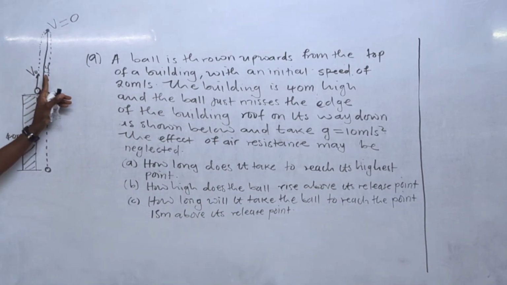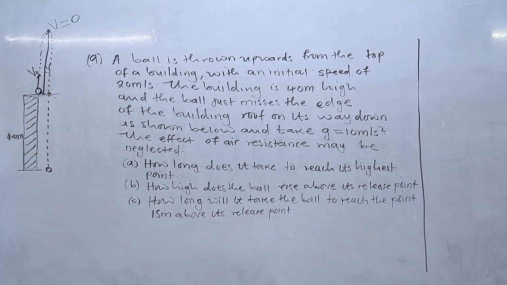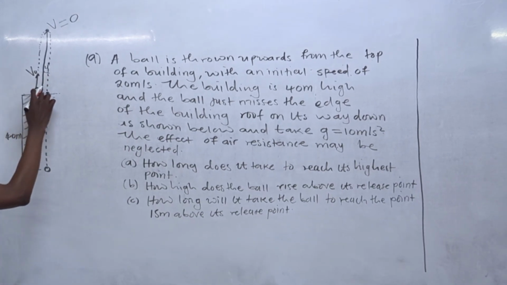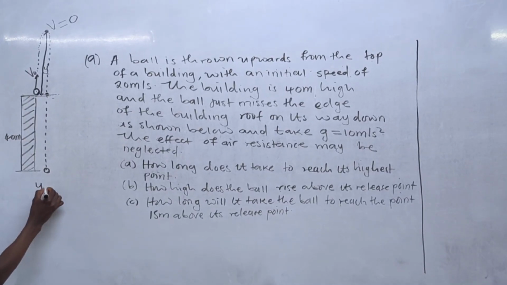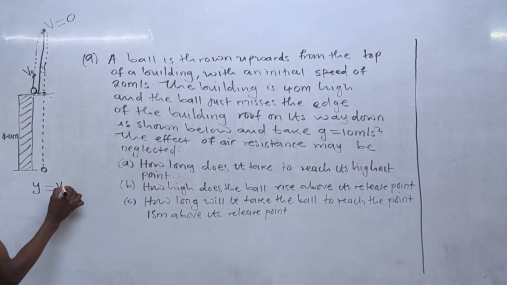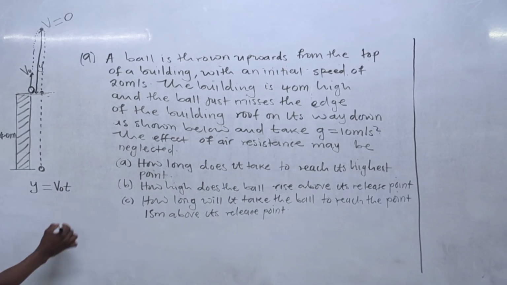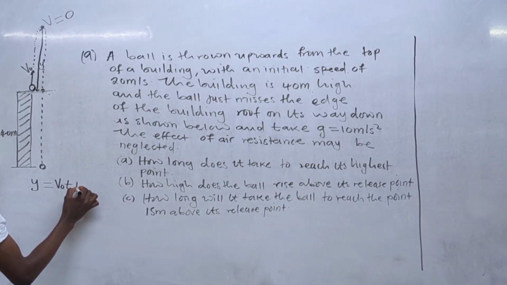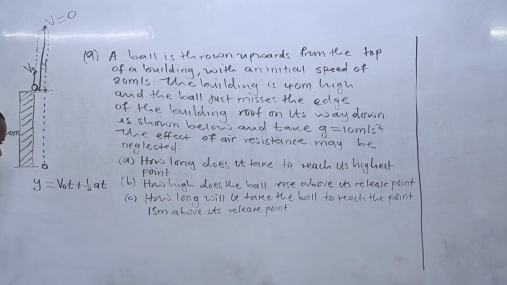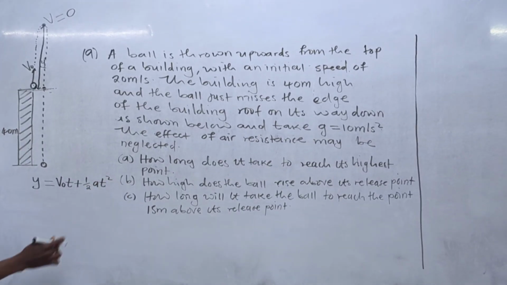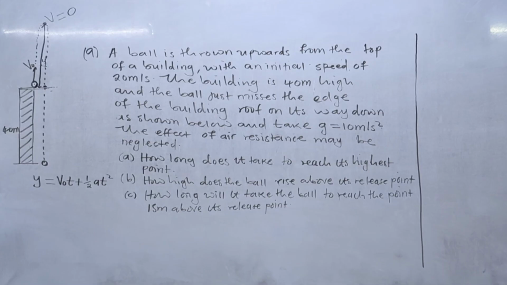When I take this one to be a y, the thing you need to understand is that the formula I'm going to use to calculate the height will just be straightforward. I'll say y is equal to v initial multiplied by t, plus 1 over 2 a t squared. But of course, acceleration has to be negative.